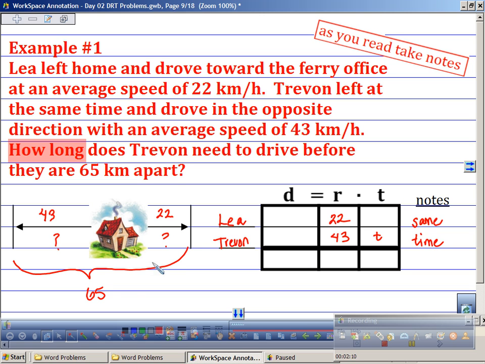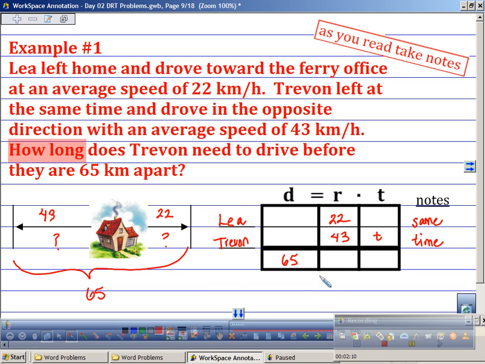So if you already know that, where should I put 65? In this chart right here. What does 65 stand for? The total what? Distance. So where would I put it? Under the D, down in the total, right?